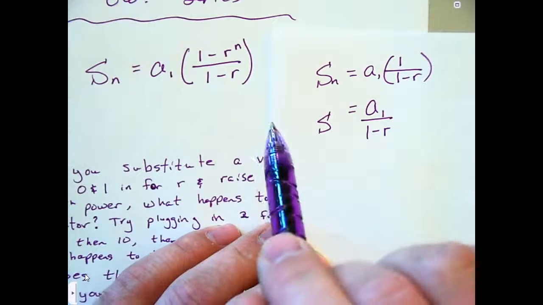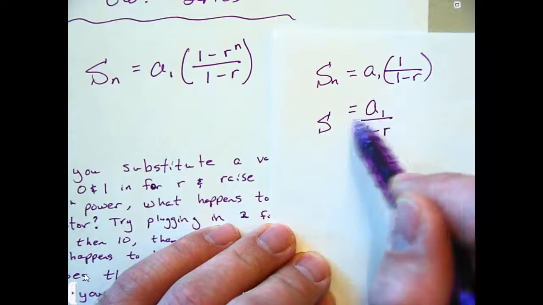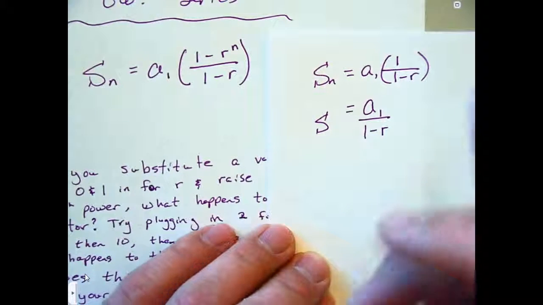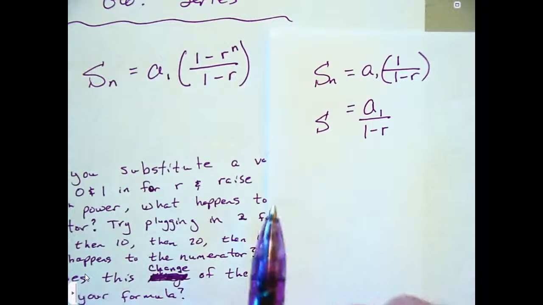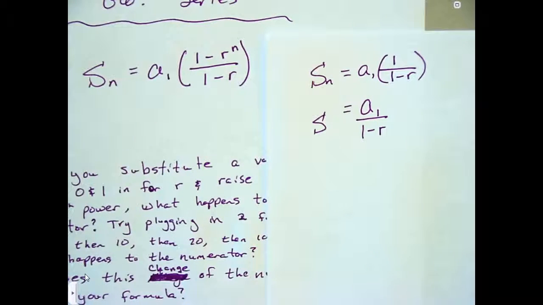If r is between negative 1 and 1, it approaches a limit. It goes to a specific point. So you can have an infinite number of things you're adding together, but have a finite sum. That seems really weird, right? Let me say that again. You can be adding an infinite number of terms, keep adding terms for the rest of your life, but you will have a finite sum.